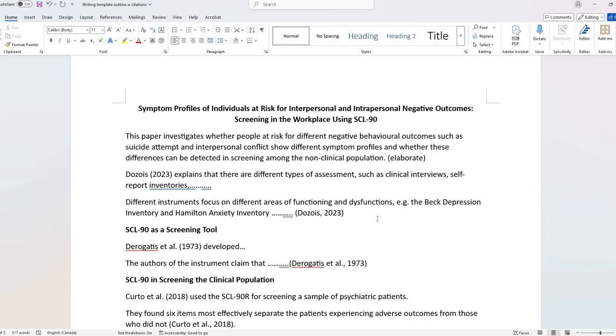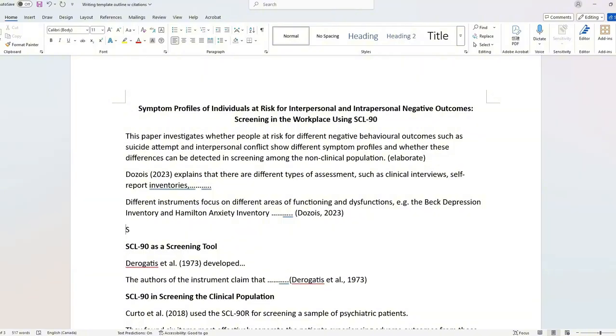And you want to explain why screening is important. Screening is important. Why? Because in the clinical setting, in clinics or in treatment settings, we need to do that for triage. Triage means we need to identify people who are at high risk.